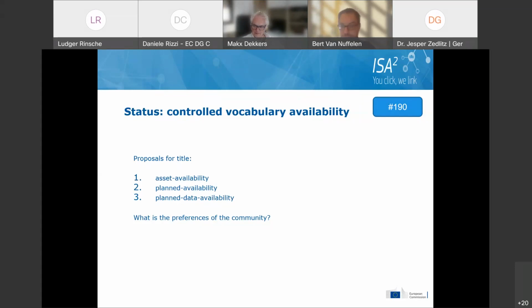I think I see something appearing here. All 2s so far. Nothing else. I also saw on GitHub a vote for number 2, but I think it's the same as one of the voters here. Is anyone against the title planned availability? Then please speak up.